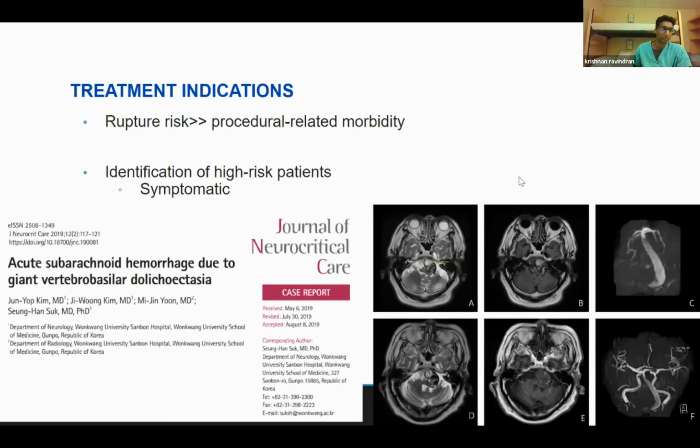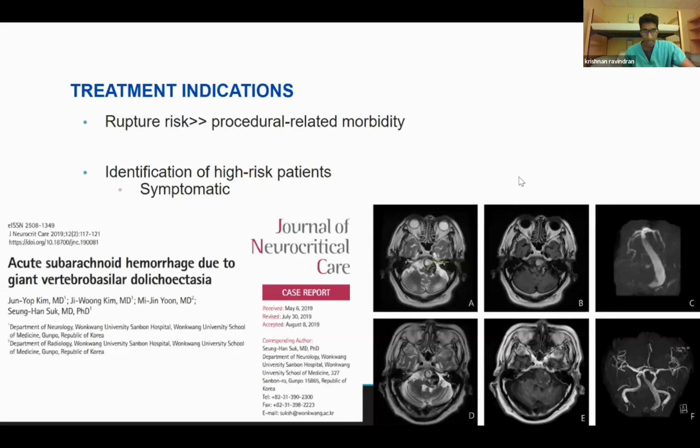And so the current paradigm, or the prior paradigm, has largely been to offer treatment when the rupture risk, as estimated from these prior studies, is substantially higher than any morbidity from any endovascular or open intervention.